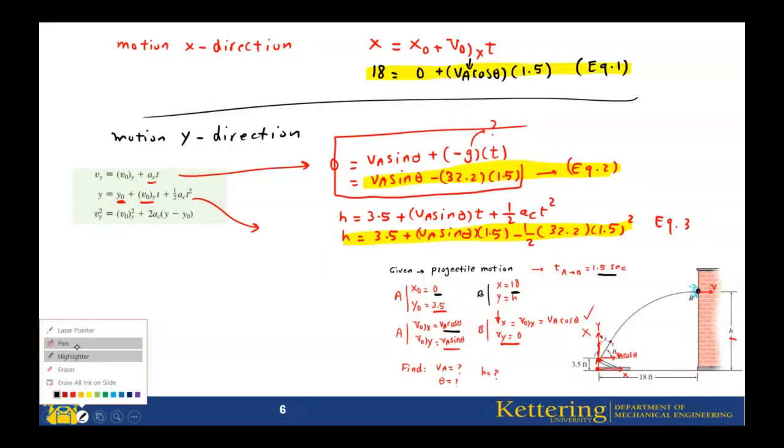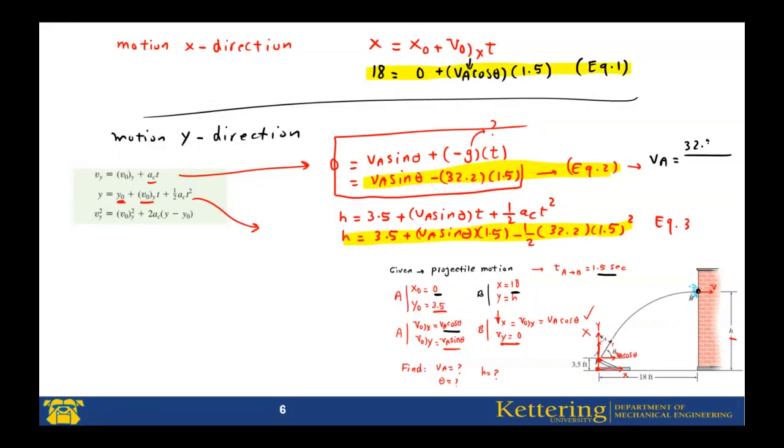From this equation, I can find that Va is 32.2 multiplied by 1.5 divided by sine theta. Just bring 32.2 to the right and divide by sine theta. This is Va.